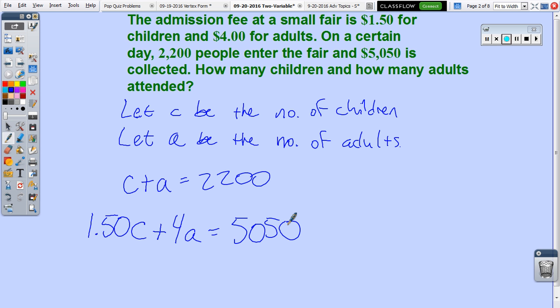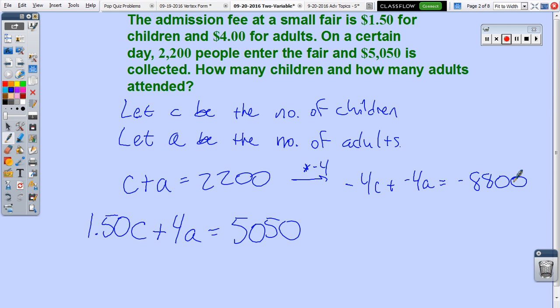I'm going to eliminate the A's. So I'm going to multiply this equation by -4, giving me -4C plus -4A is equal to -8,800.